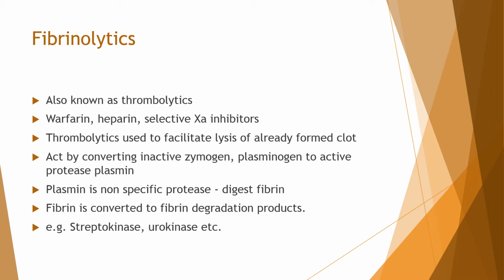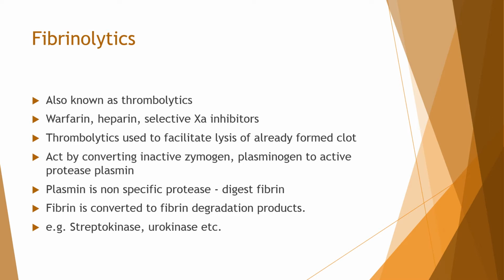They act by converting the inactive zymogen plasminogen to the active protease, the protein digesting enzyme, that is plasmin. Plasmin is a non-specific protease. Protease means it catalyzes the digestion of proteins, and it digests the fibrin. A clot is actually the formation of fibrin threads.